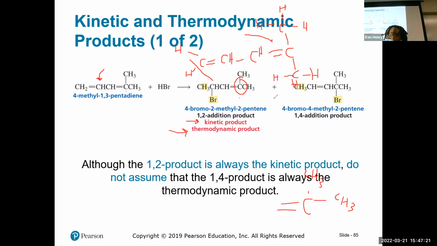And that's really what happens when we have branching that occurs there. I mean, it happens, but it happens much, much slower than in this case, right? We also know that having that methyl group there makes it more stable. This double bond seems to be more stable than the other double bond, which doesn't have that methyl group there, right?